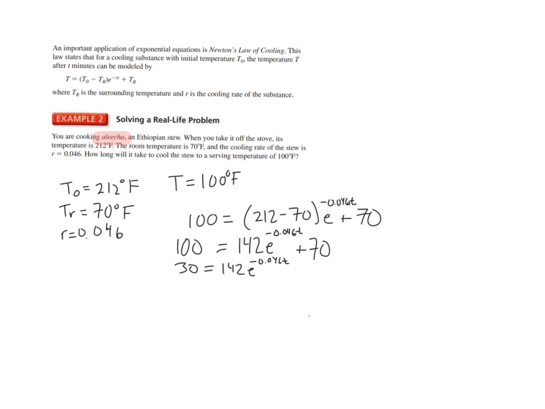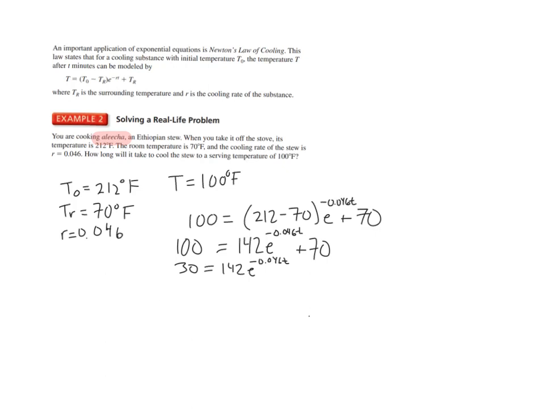Now, what I need to go ahead and do is divide by the 142 on the left-hand side so that way I can get e by itself, okay? So 30 divided by 142, that's going to give me a pretty small number.